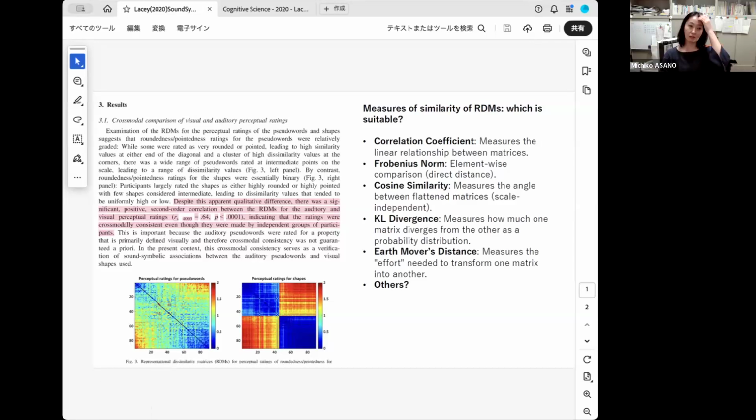Yes, I do agree with you. I really think that we need to have some language to describe the quality of the auditory stimuli.